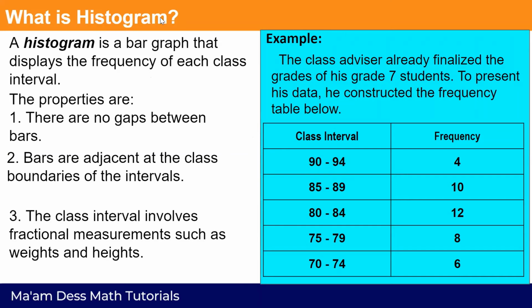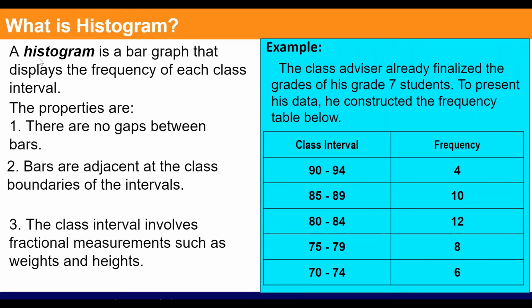What is the histogram? Okay. So a histogram is a bar graph that displays the frequency of each class. Again, a histogram is a bar graph that displays the frequency of each class interval.